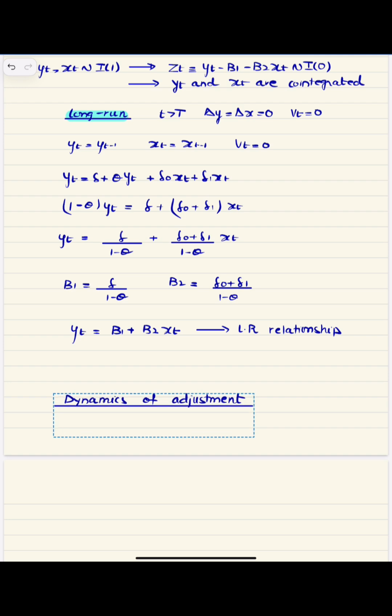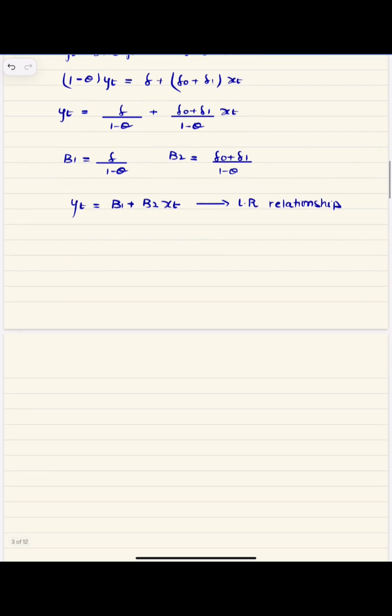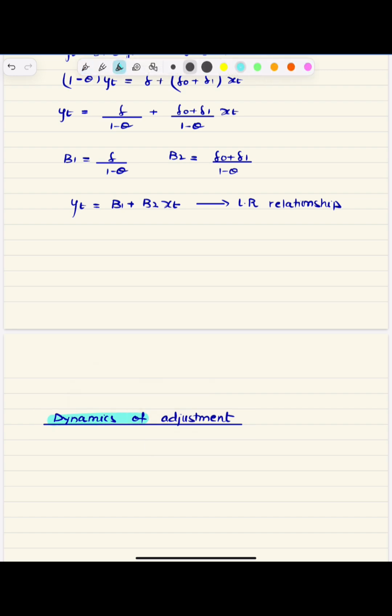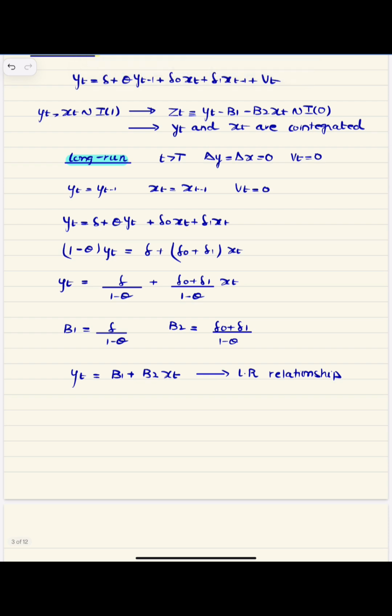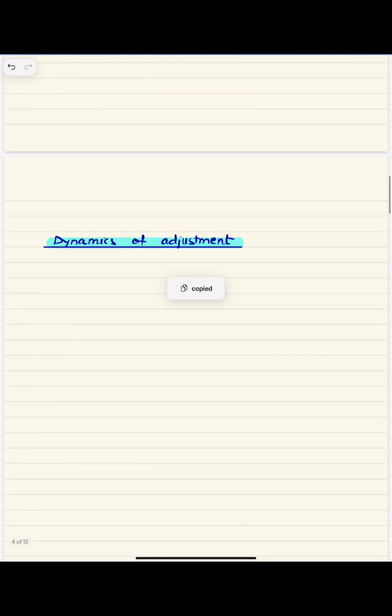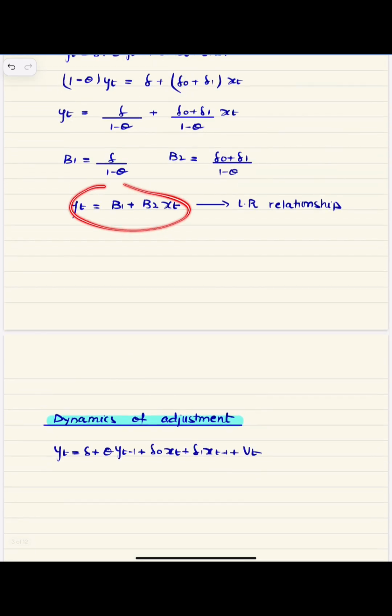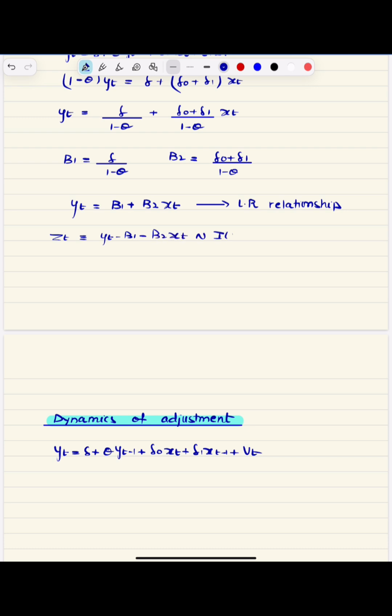We want to see how output will change, given that any deviation, like the linear combination zt, which is the error, yt minus beta 1 minus beta 2 xt, is integrated of order 0, where yt is integrated of order 1 and xt is integrated of order 1.